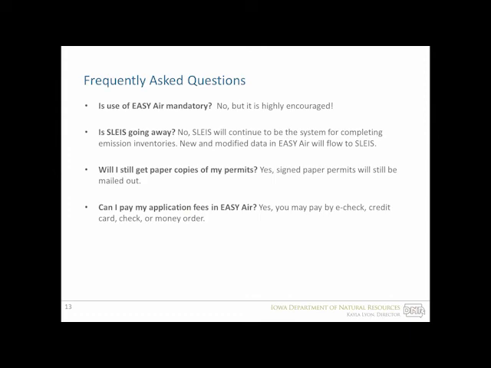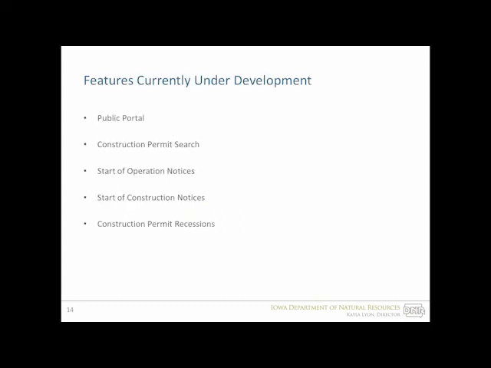I did want to mention there are a few things in EASYair that aren't quite finished yet. That is the public portal, where the public can look at permits on public notice. That's not quite finished yet. It's expected to be finished in January. There are also PDF icons that show your existing construction permits.